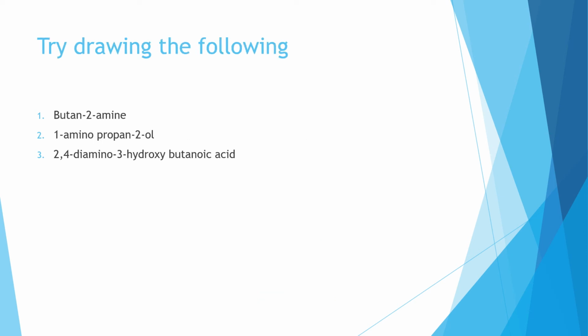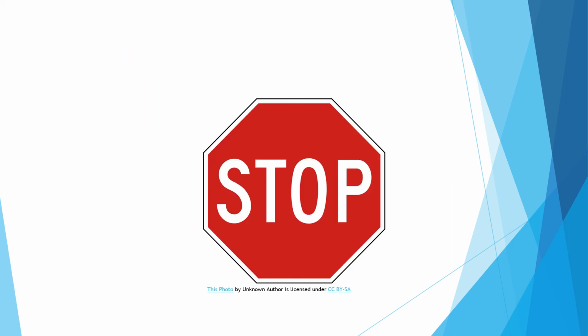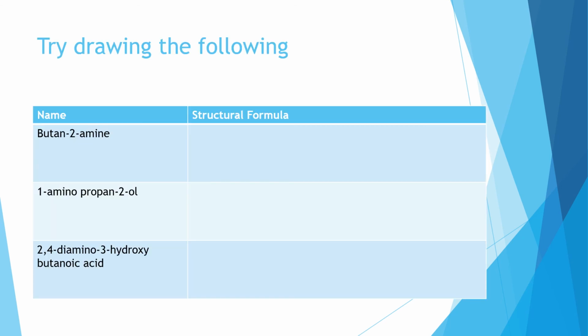Now I'd like you to try some examples. Stop the video so that you can try drawing them. So but means 4. 1, 2, 3, 4. An means they're all single bonded. And on carbon number 2 we have an amino group. Now put on the appropriate number of hydrogens. So each carbon has 4 bonds.